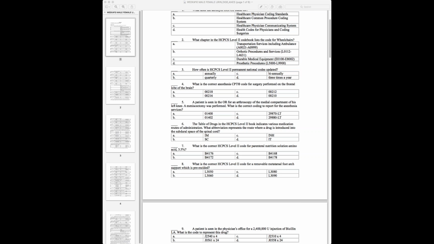If you were looking this up in the index for number 31, he's coming in for a replacement of the prosthesis. So you can go to prosthesis. What's the body part? It's going to be the penis. And what are we doing? We're replacing it. So it's prosthesis, penis, replacement.